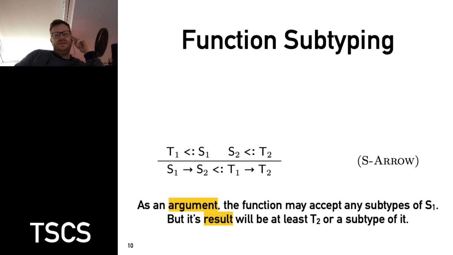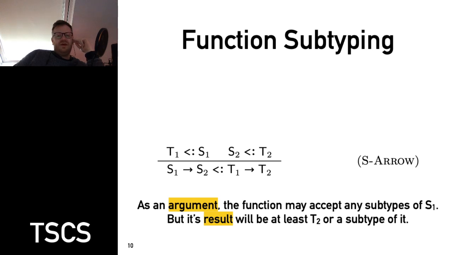This is a little bit too hard to wrap your head around. So let's say you have a function type T1 to T2, and you want to subtype this to a new subtype, and this is S1 goes to S2.